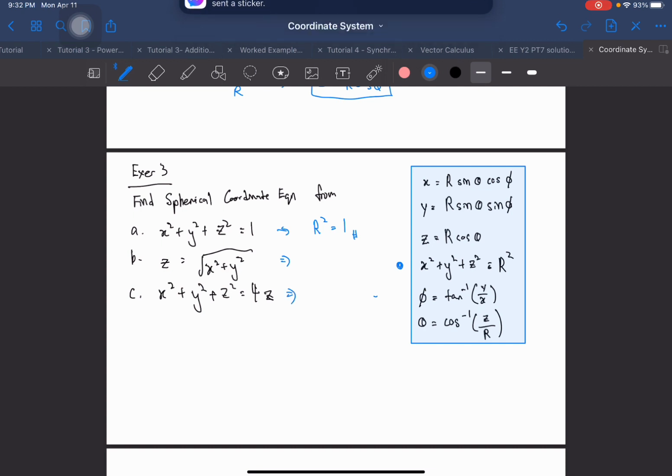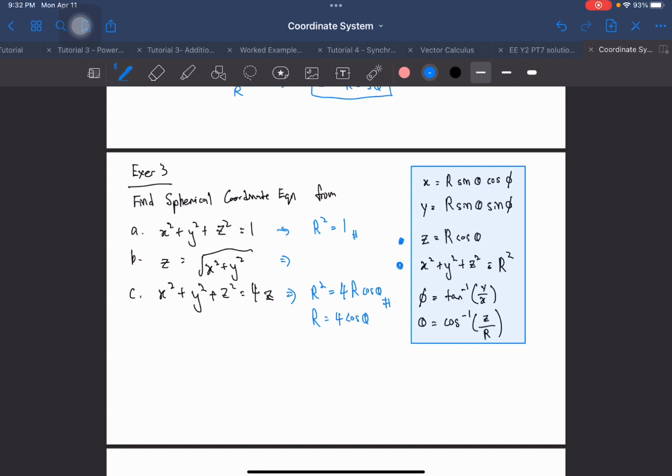And the third one, since this is r squared, we just write it down and we are done. Oh wait, this z we can still further simplify. As you can see, there's this equation, so you can put it here, and we are done. Or you can simplify it to this, it's up to you, but it's the same.